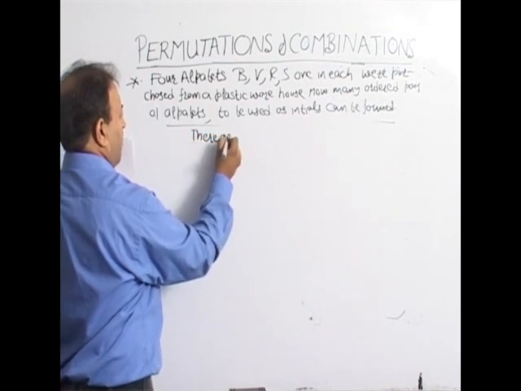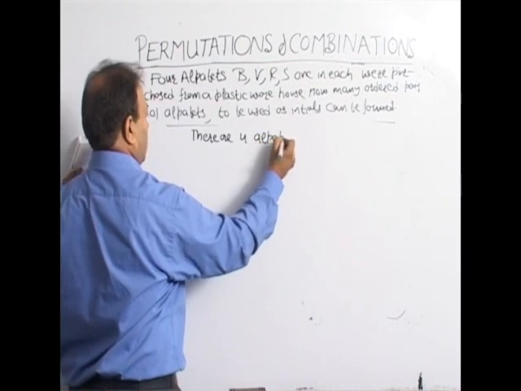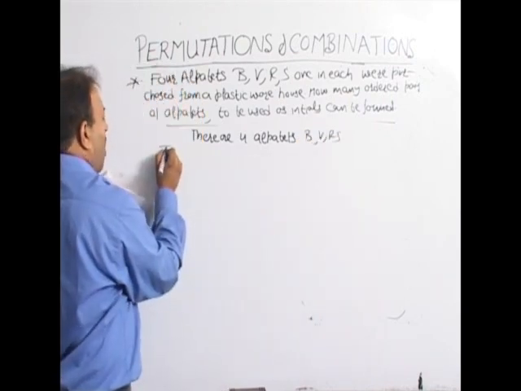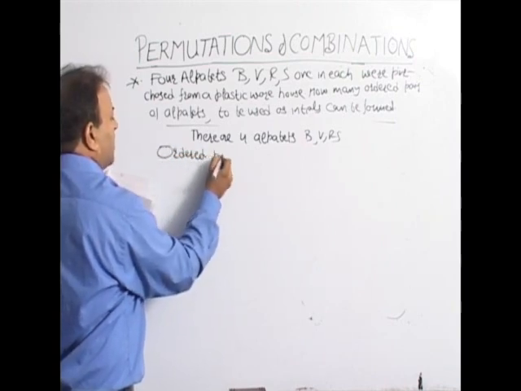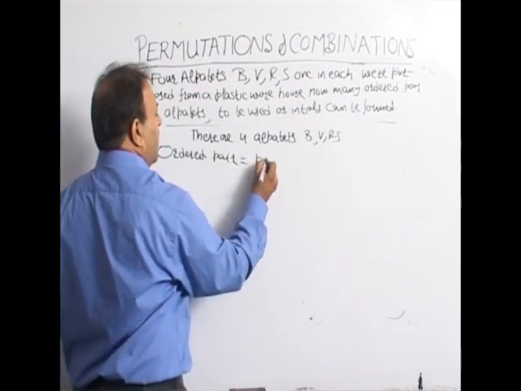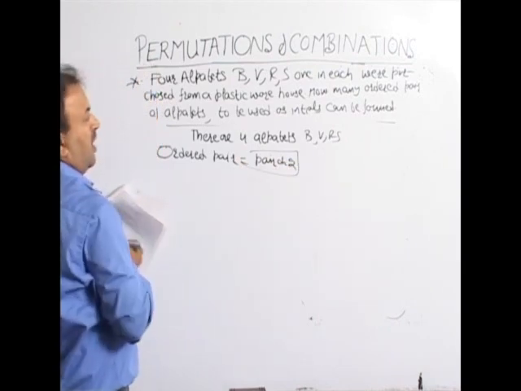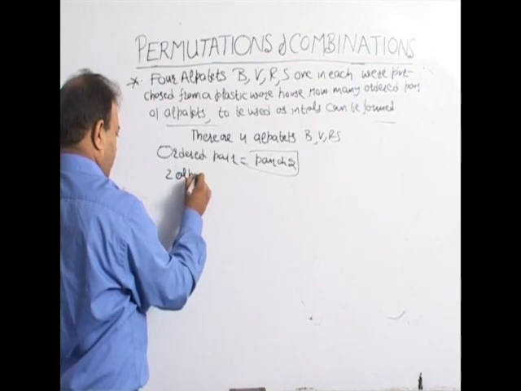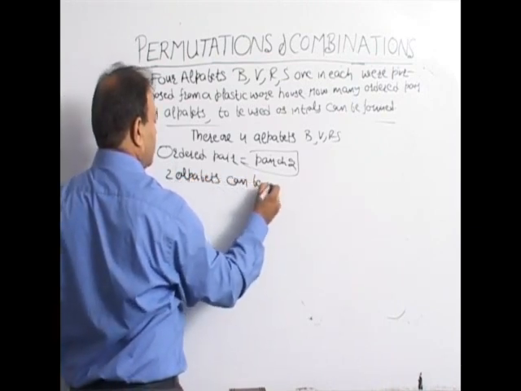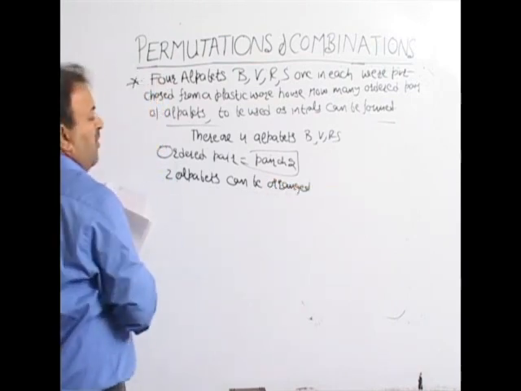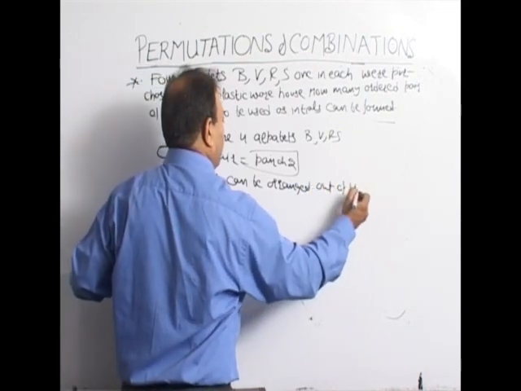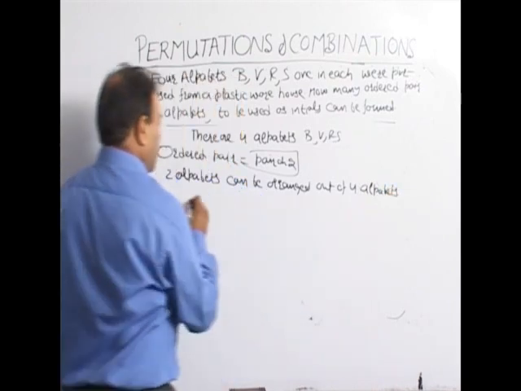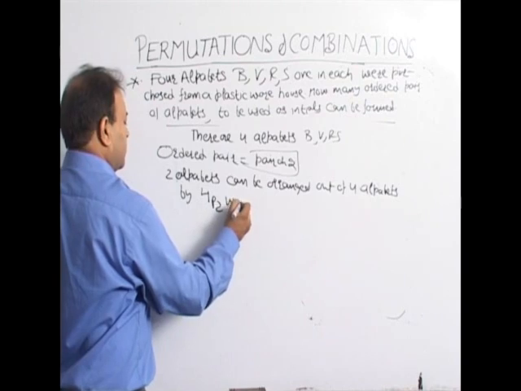There are 4 alphabets B, V, R, S. An ordered pair means a pair of 2. So 2 alphabets can be arranged out of 4 alphabets by 4P2 ways.